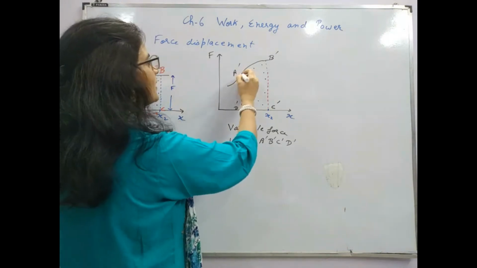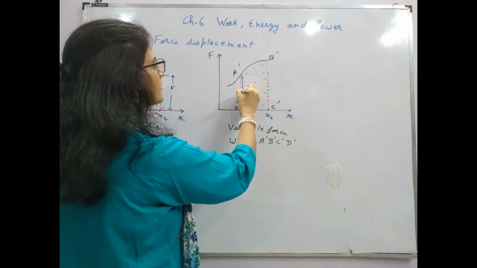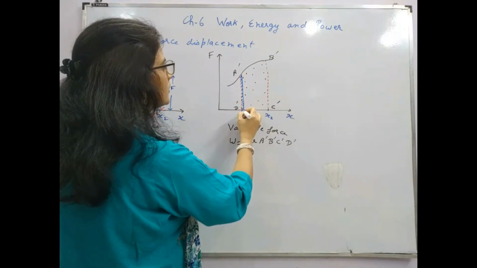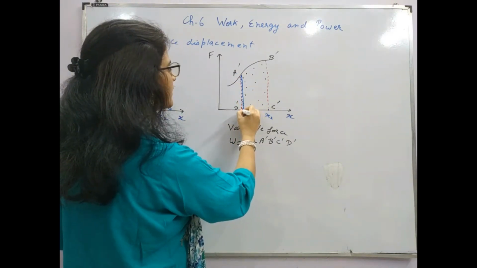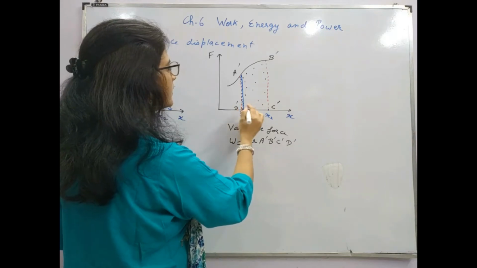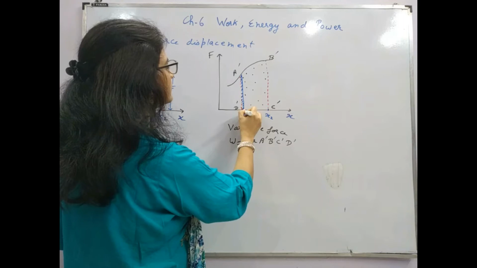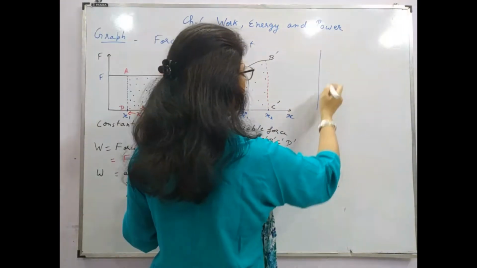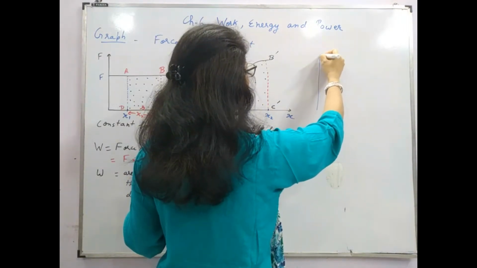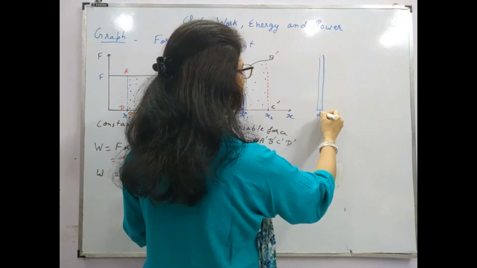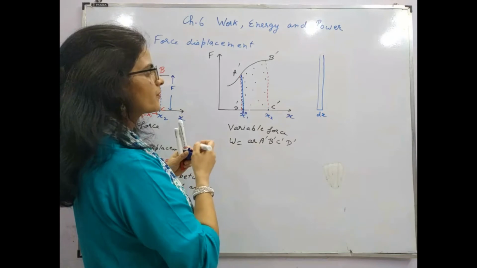Now if we take a very small interval of displacement, that is dx. So I'm just drawing here in enlarged form that for this small interval dx, this is dx over here.